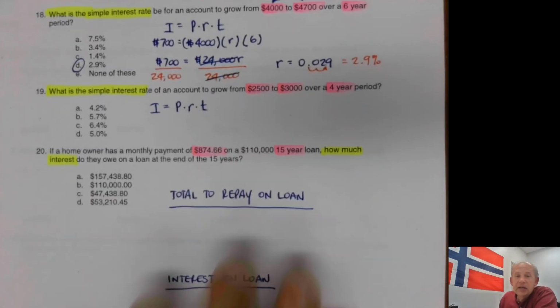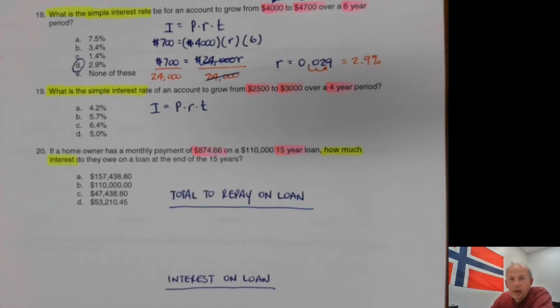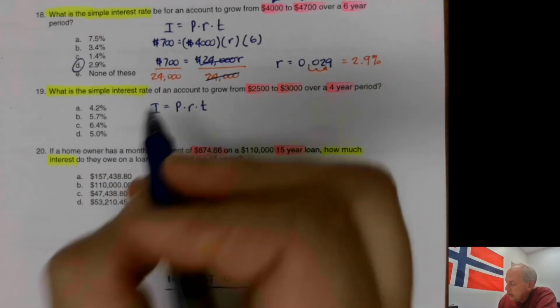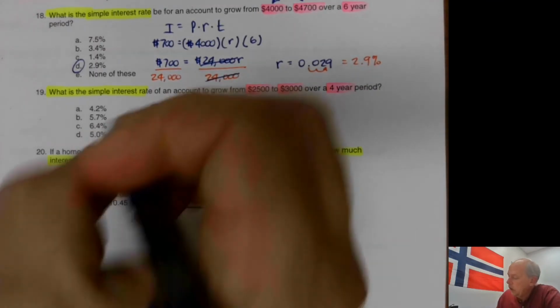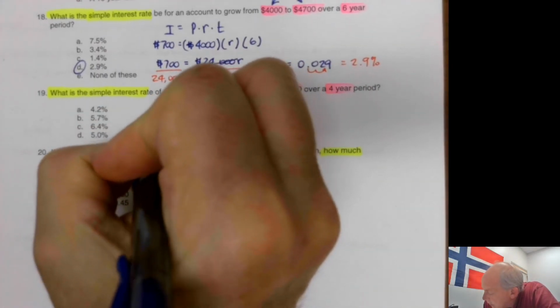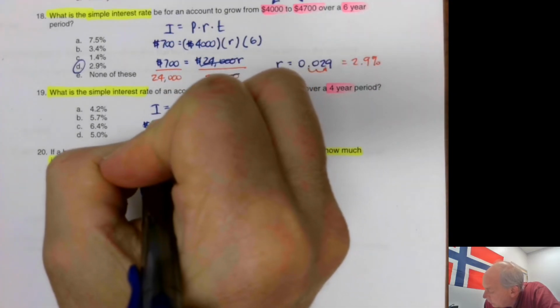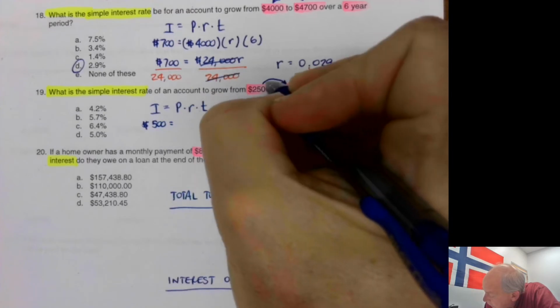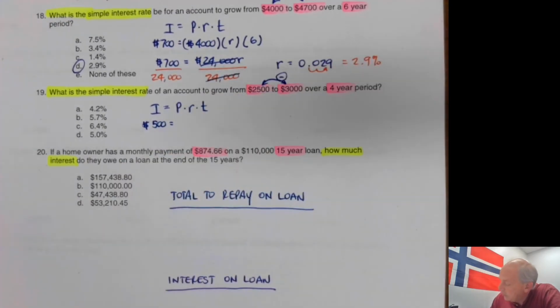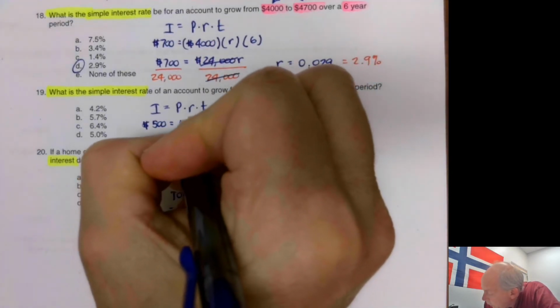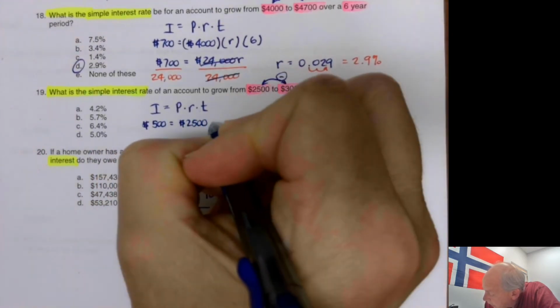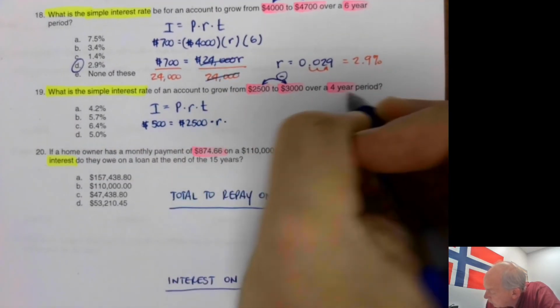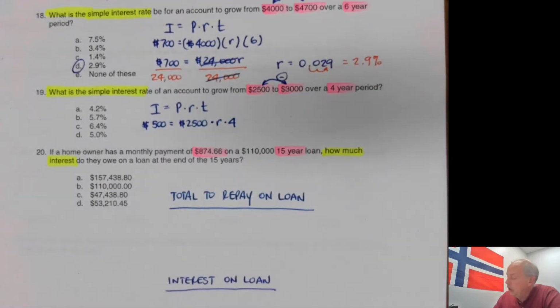Number 19 is very similar to that problem. I'm looking for the simple interest rate. Went to that formula. My interest, I turned 2,500 into 3,000. That's $500. I subtracted those values again. I started with 2,500. I'm looking for the rate, and this happened over a 4-year period.